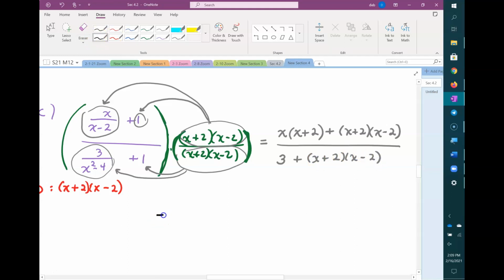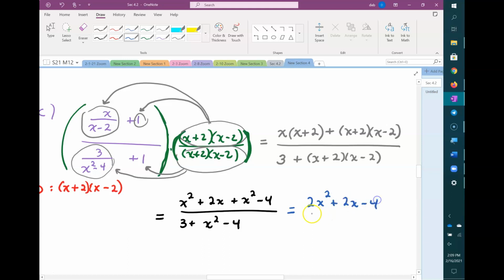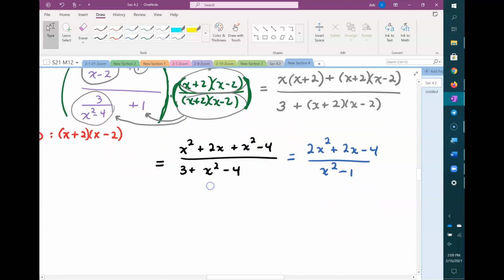Okay, and now for the simplifying, I have x squared plus 2x, and we know this part is x squared minus 4, over 3 plus x squared minus 4. So it looks like I have 2x squared plus 2x minus 4 over x squared minus 1.